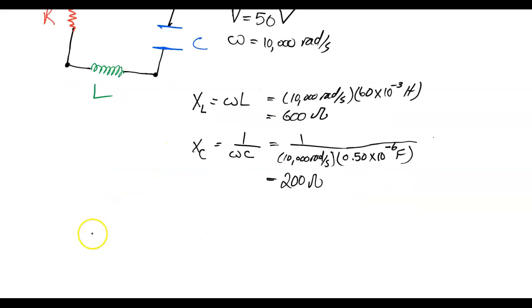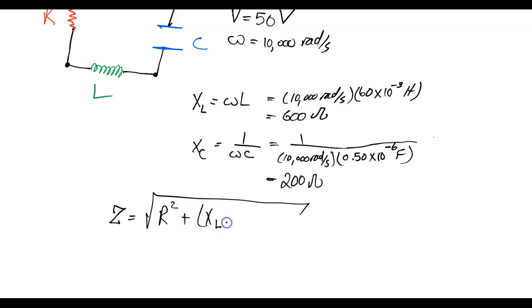And now the impedance, Z, is given by the square root of R squared plus the quantity XL minus XC quantity squared.